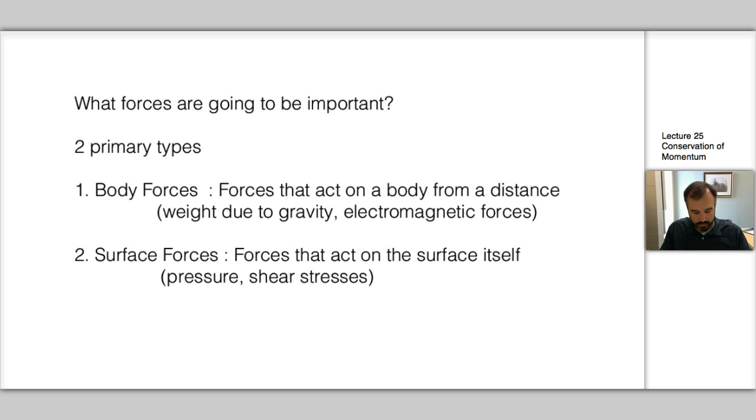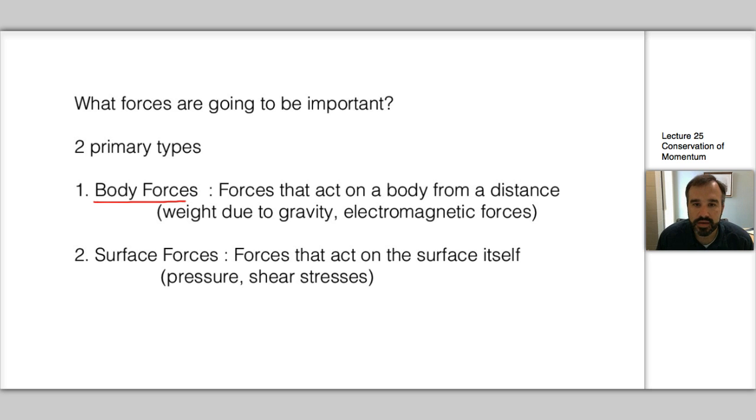Body forces, if you remember from physics, are forces that act on a body from a distance. Examples of these are weight due to gravity and electromagnetic forces. In this course, the weight due to gravity is going to be the primary one, and in the breakout of the different components, it's only really going to show up in our z component of our momentum equation.